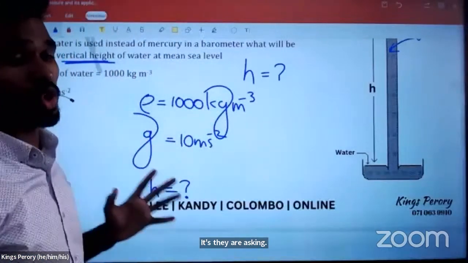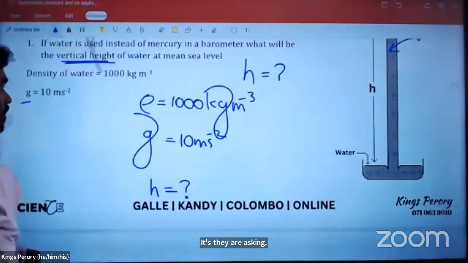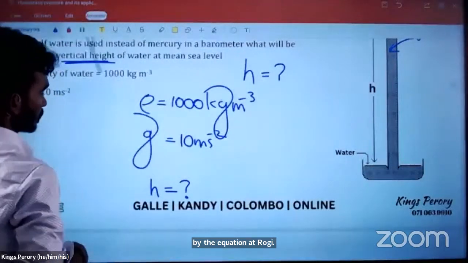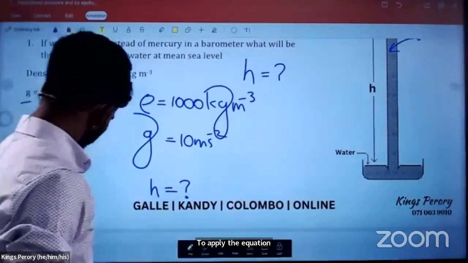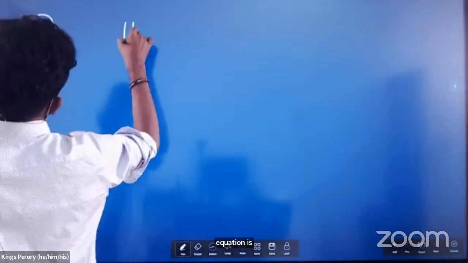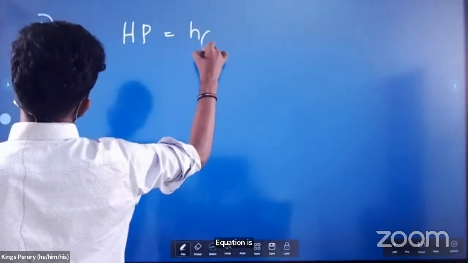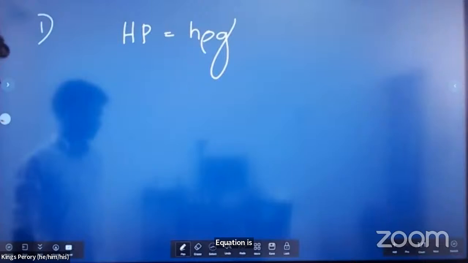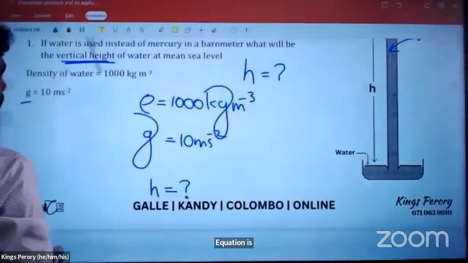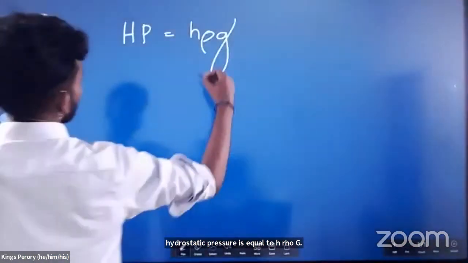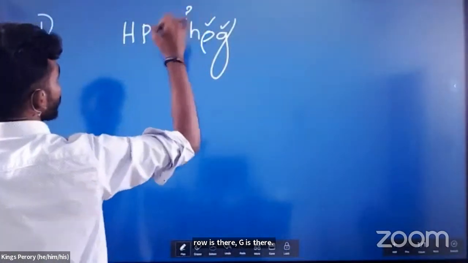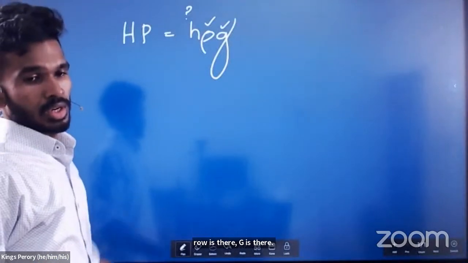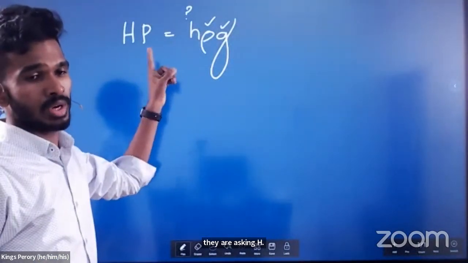Apply the equation: hydrostatic pressure is equal to H rho G. Rho is there, G is there. They are asking H. To find H, one more thing you need. What's that?